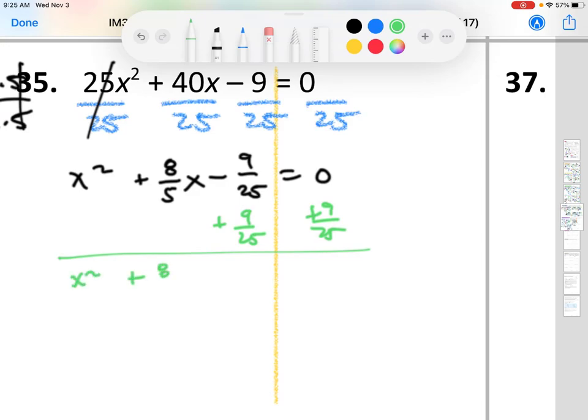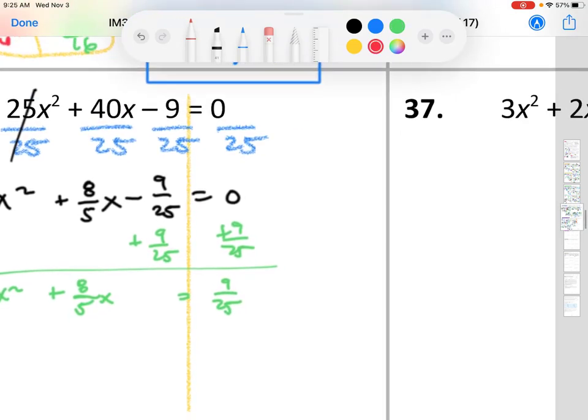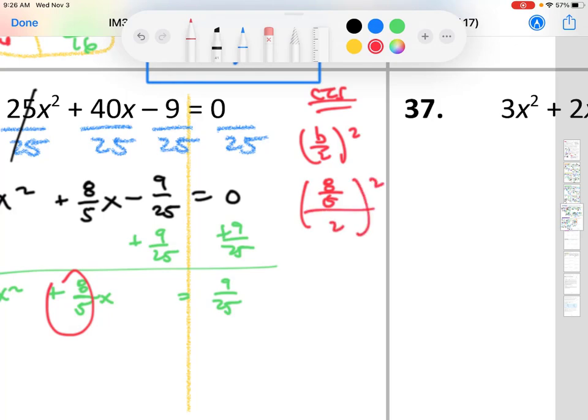X squared plus 8 over 5 x equals 9 over 25. I'm going to complete the square. So there's my b value. What could help you if you get stuck on fractions is also changing the color of the fraction line. I find that helpful.